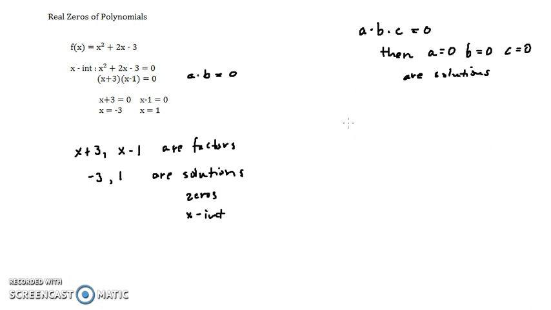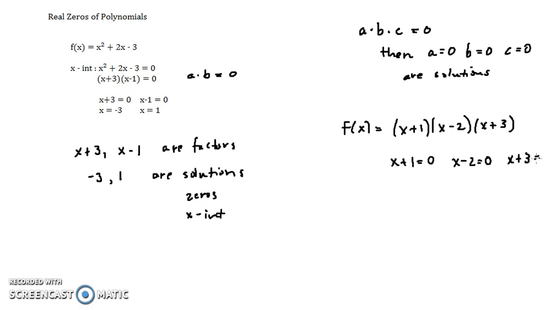So for example, let's say we have f of x is equal to x plus 1, x minus 2, x plus 3. And we want to know what are the zeros. So we would get x plus 1 equals 0, x minus 2 equals 0, x plus 3 equals 0.